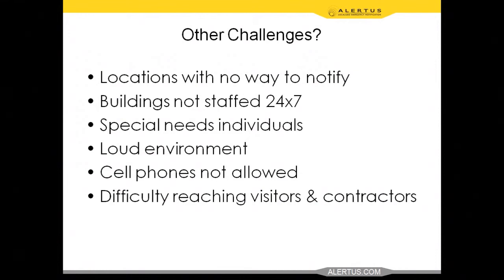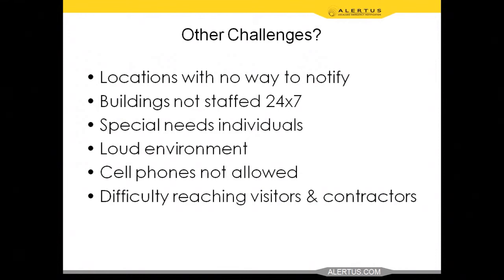Buildings that aren't staffed 24/7. When there is an emergency, you need somebody somewhat trained in reacting to an emergency and staying cool and calm. You don't always have that with all your buildings. You don't have a security staff in them 24/7. In a lot of our college campuses, you're lucky to have someone from campus, an administrator or something like that, in there. Generally, it's just teachers, students, those kinds of things.